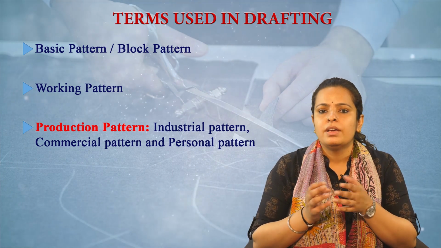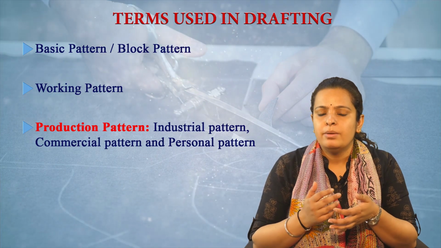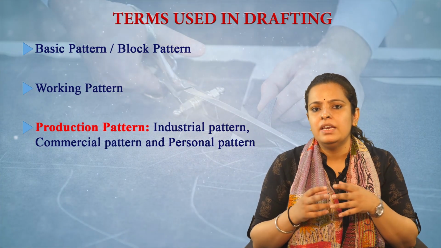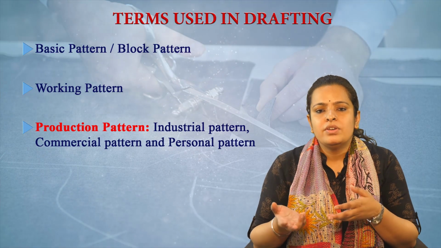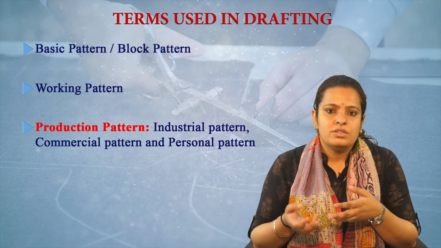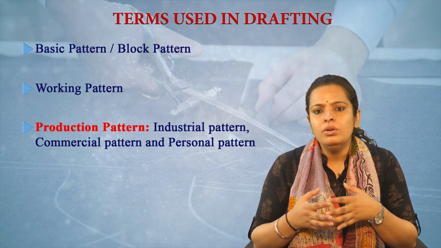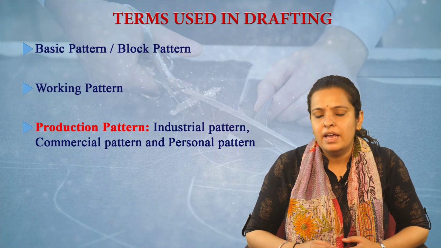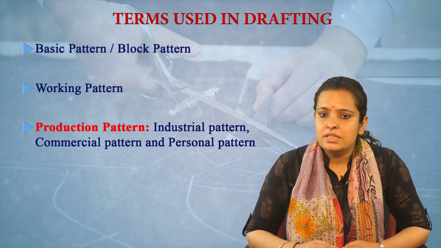Because if, as a designer, I create a pattern and the pattern master develops it, and any technical thing is not included, it will not be understood by the industry person. So the industrial pattern has all the technicalities and specifications of what the pattern is about.